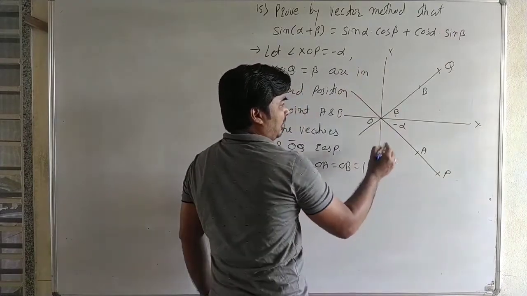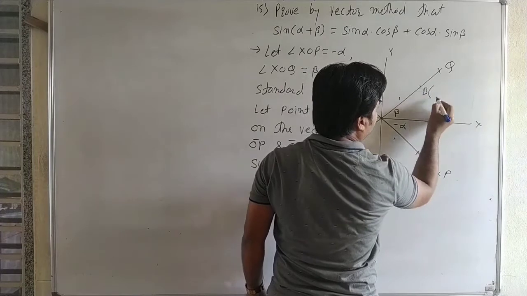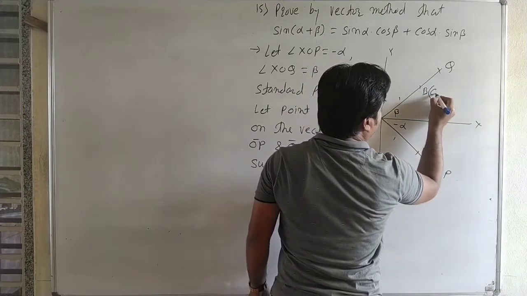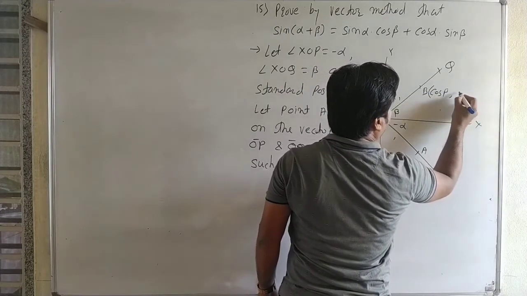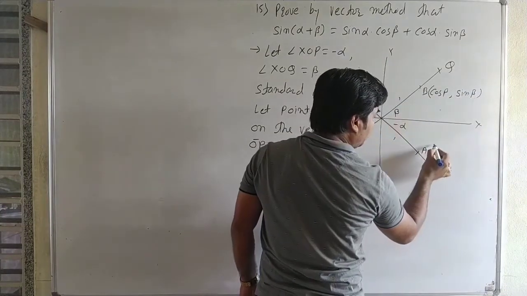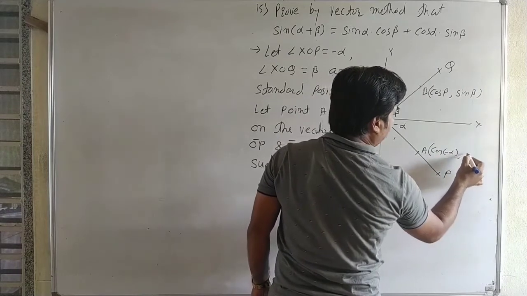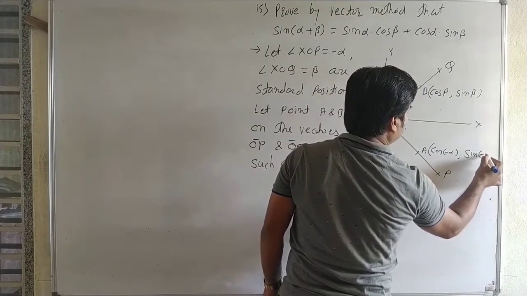Now the distance is 1. Therefore the coordinates of B are cos beta comma sin beta, and the coordinates of A are cos of minus alpha and sin of minus alpha.